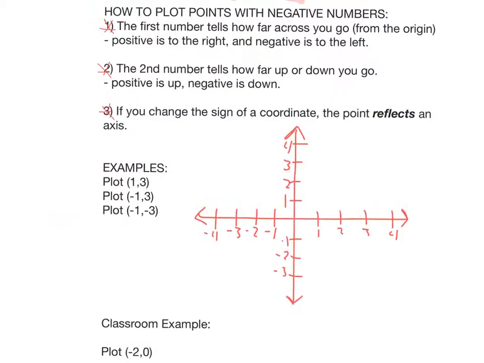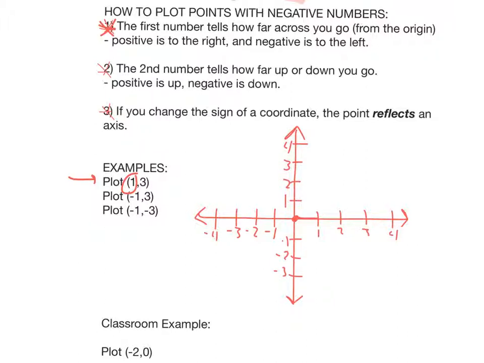So now I'm going to plot this first point. 1, 3. So let's look back at the steps. So the first number tells me how far I go from the origin. So the origin is this spot right in the middle. So the first number is a 1, so I'm going to go 1, and because 1 is positive, I'm going to go to the right 1.